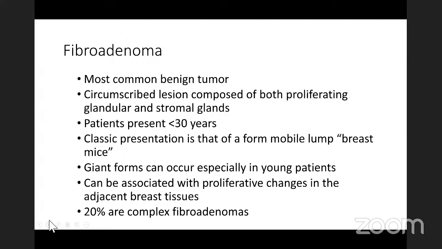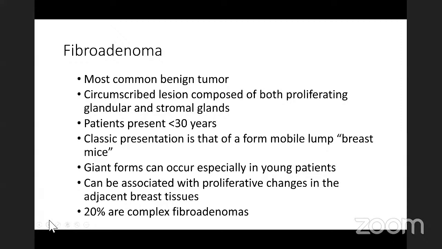Usually these are patients less than 30 years old, and the presentation is that of a breast mouse or a mobile lump. Giant forms can also occur but are rarer, especially in young patients. It can be associated with proliferative changes in the adjacent breast tissue.